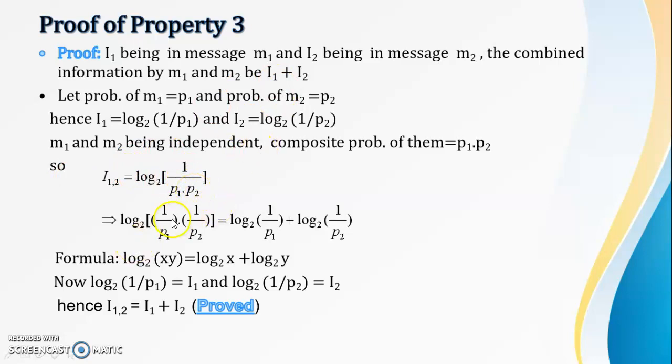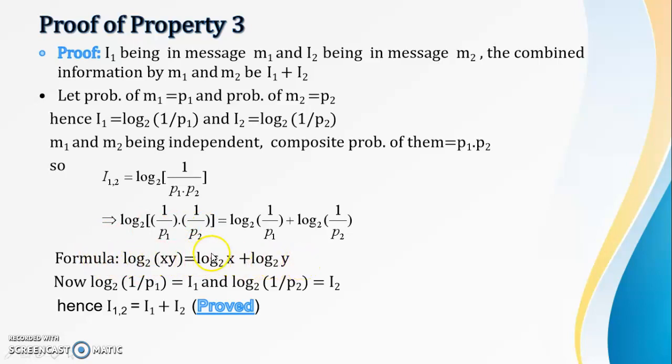If we solve this, we can see that log 2 1 by P1 into P2 can be represented differently, because we know the formula log 2 xy equals to log 2 x plus log 2 y.